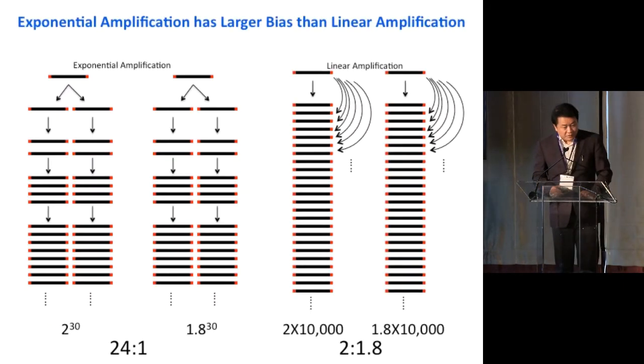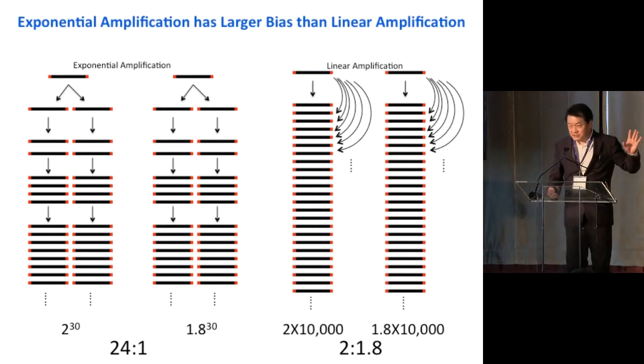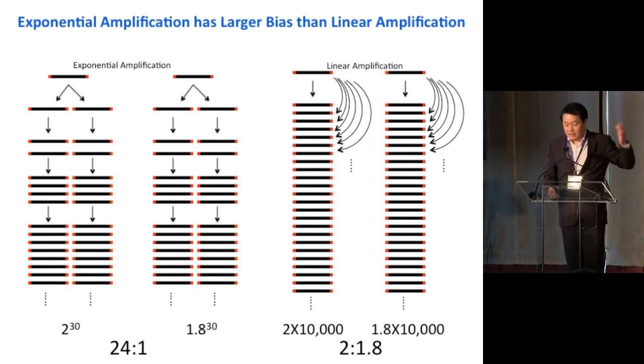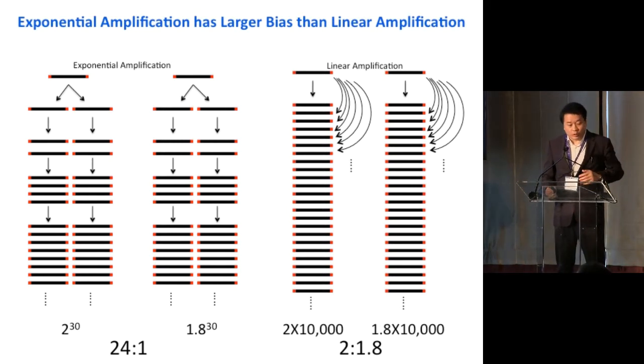So here I illustrate, if I have a gain of 10,000, on the left side by exponential amplification, assuming these two genes differ in amplification yield. One is 80%, the other is 100%. After this amplification, the counts, the intensity will differ by a factor of 24.